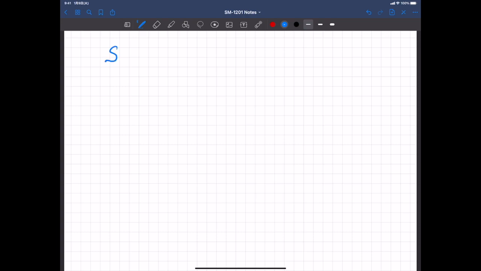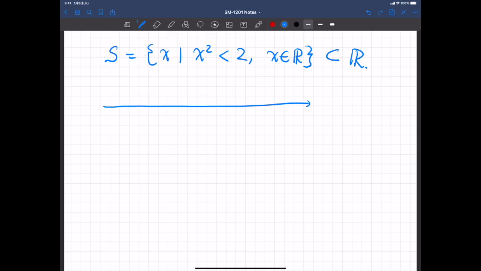Consider this set. S is a subset of real numbers such that x squared is less than 2. Of course, this is a subset of real numbers, right? And what's the supremum of this set? So let's consider this one. x squared is less than 2.